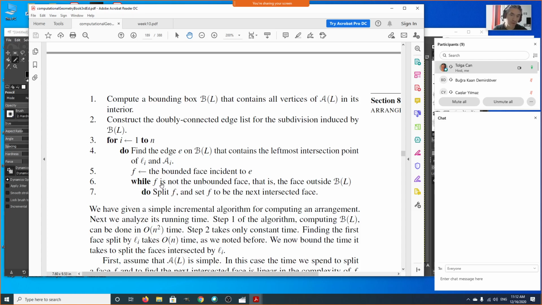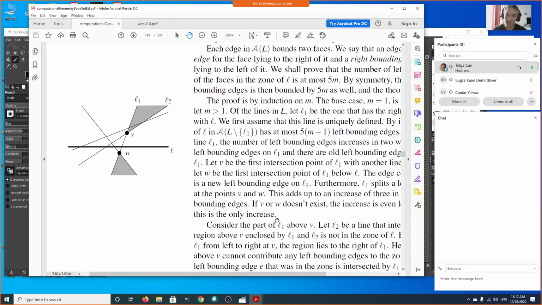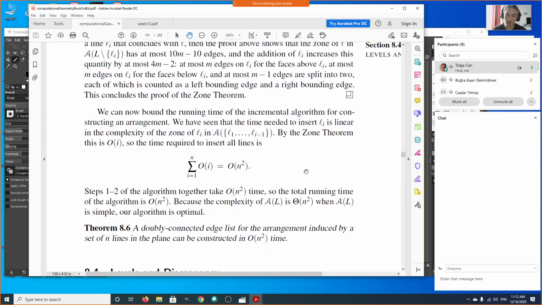So we walk from face to face along the doubly connected edge list until we exit to the unbounded face again. Steps 6 to 7 take linear time, O(i) in the ith iteration. So in total, it takes O(n²) time. So this is how we build an arrangement of lines.